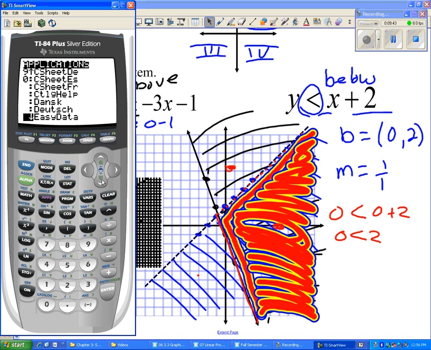For me, it's a little bit down. It depends on your calculator what you have in here or don't have in here. But I can find inequalities. If you hit enter, it turns it on. If you go back to it, it will actually turn it off.